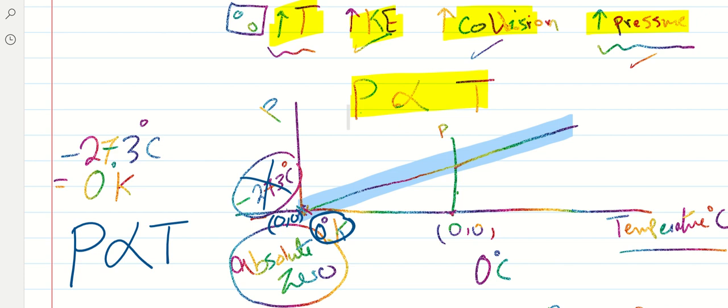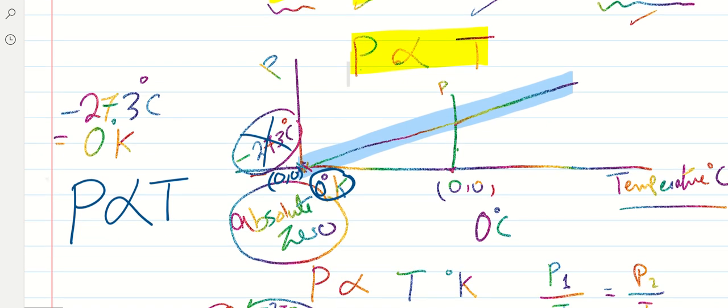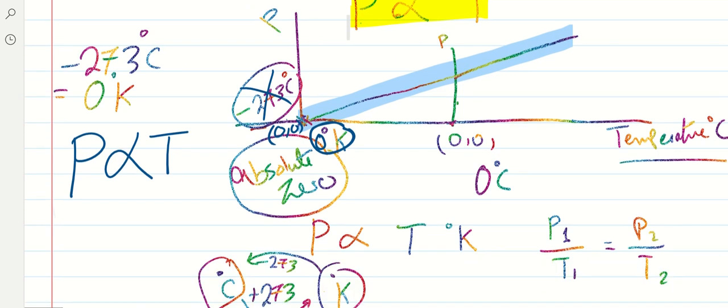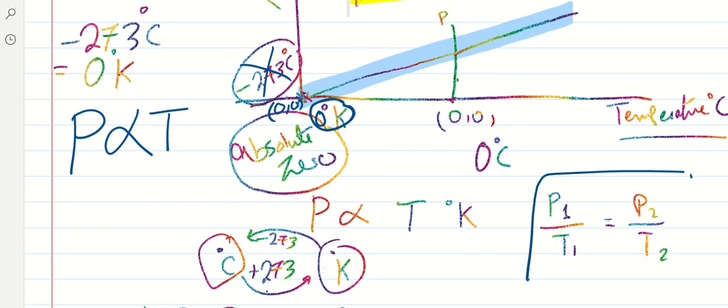So this is Gay-Lussac's law. The temperature should be measured in Kelvin. So to use Gay-Lussac, Charles, the ideal gas law and the combined gas law, you have to convert from Celsius to Kelvin. And this is the formula that we're going to use, P1 over T1 equals P2 over T2.